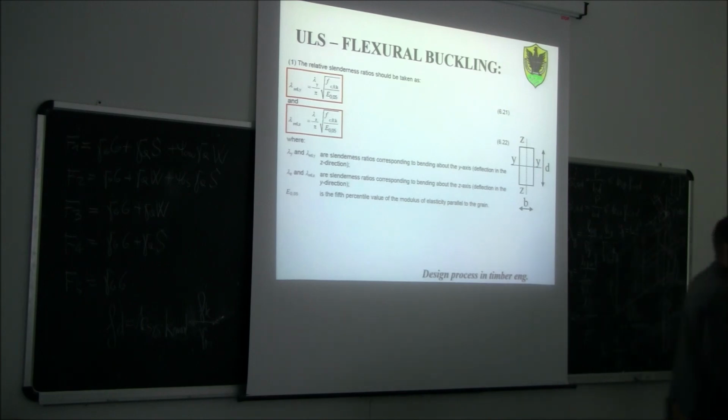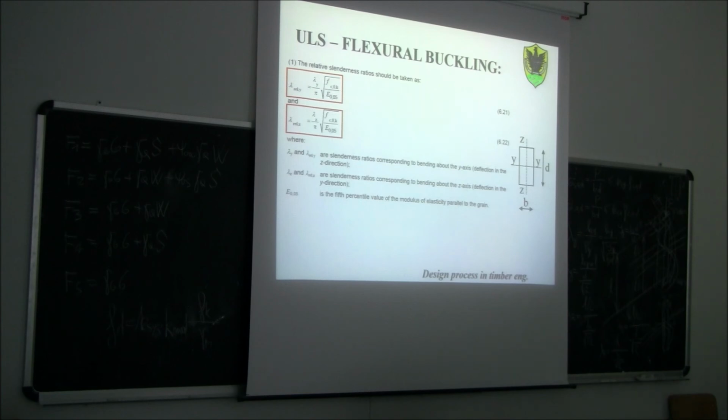Which one is larger? The second term, the numerator is twice as much as before, and the denominator is lower than before, so the ratio is higher. So basically, in this case, we are sure that the critical buckling will be around Z. So this is buckling out of plane, okay?